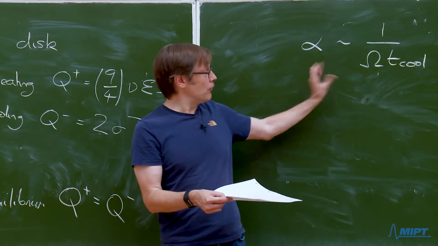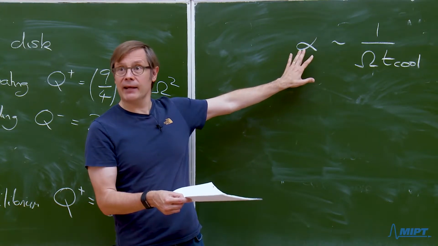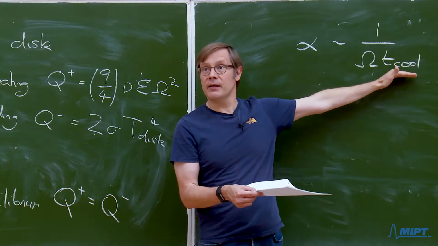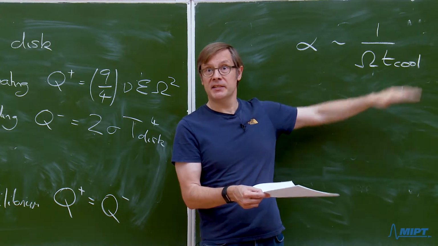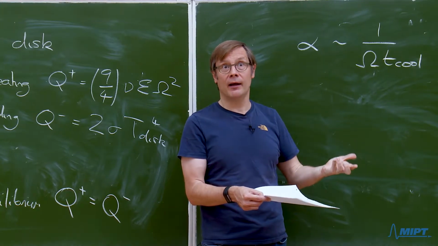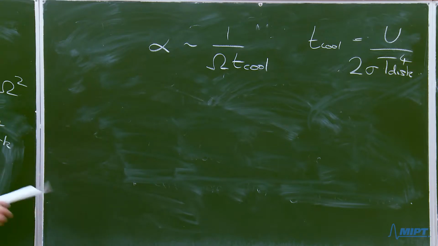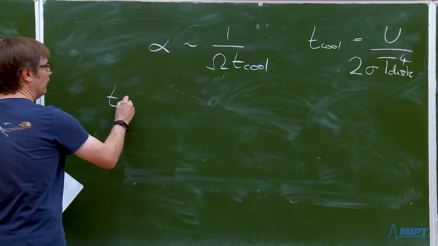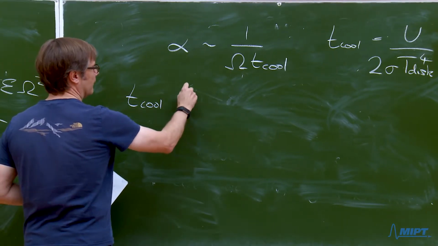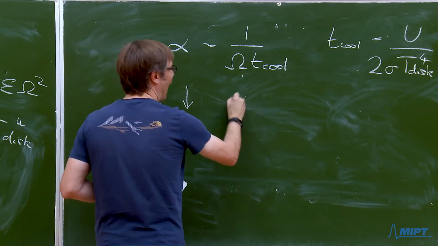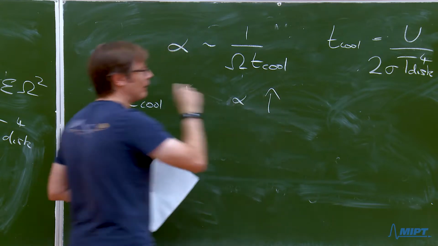So in this story of self-gravity, there's a direct connection between the efficiency of transport and the thermal property of the disk, specifically how quickly it can cool. What you see here is that as T cool goes down, alpha and the efficiency of angular momentum transport goes up.